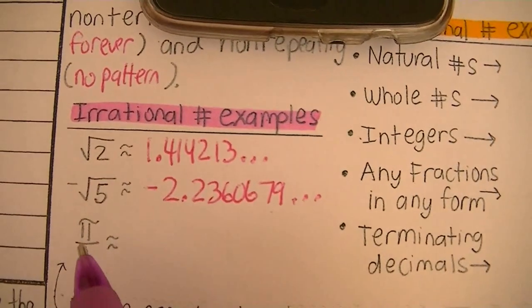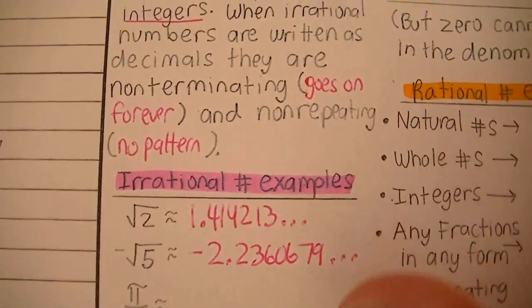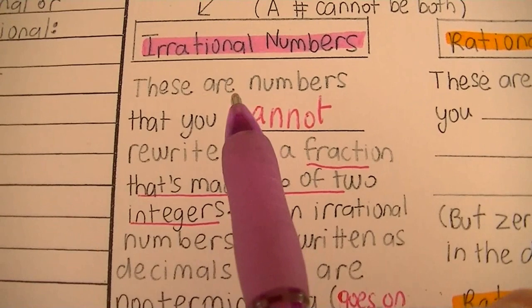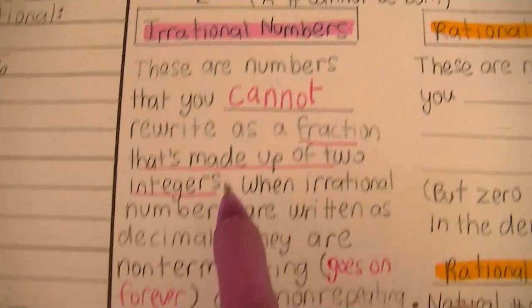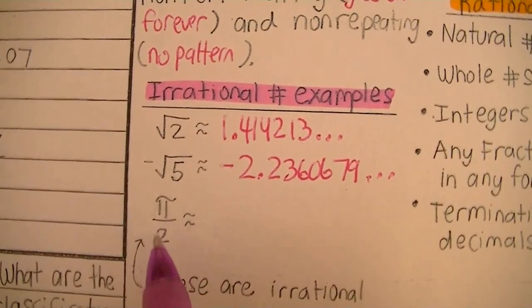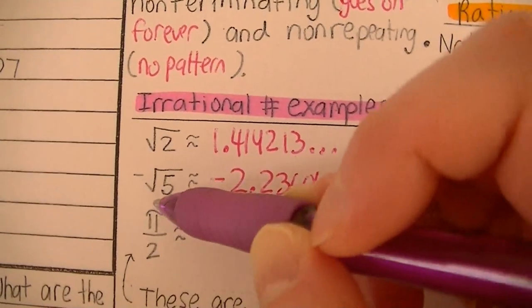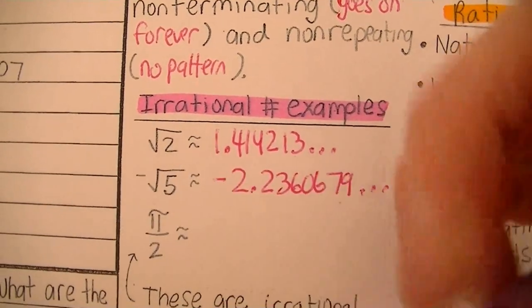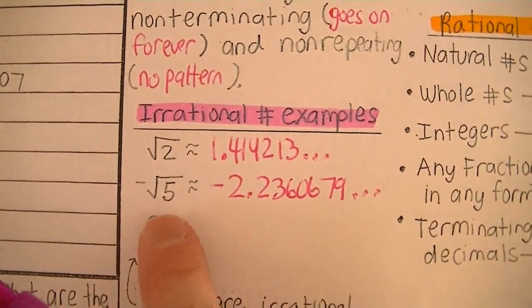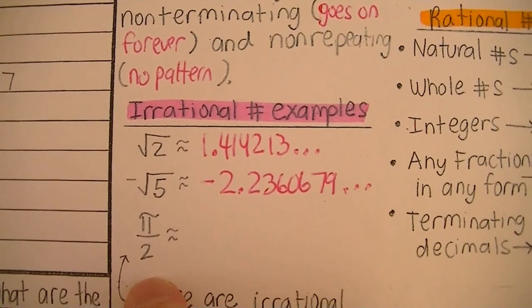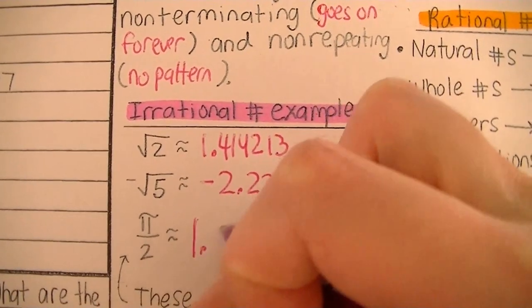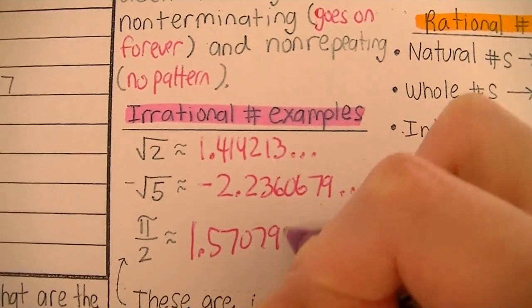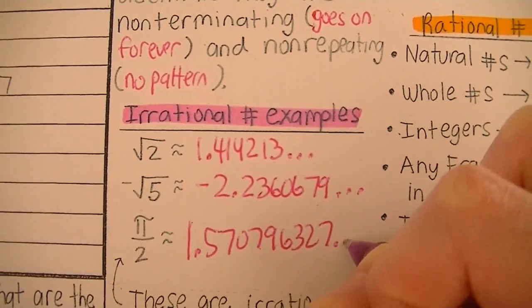Okay, and then right here I have pi divided by 2. And I want to redirect your attention to this statement up here. Irrational numbers are numbers that you cannot rewrite as a fraction that's made up of two integers. So you look here and you're like, well, that's a fraction, isn't it? But this pi right there, that is not an integer. So therefore, pi divided by 2 is an irrational number. And when I take pi and divide it by 2, I get approximately 1.570796327, so on and so forth.